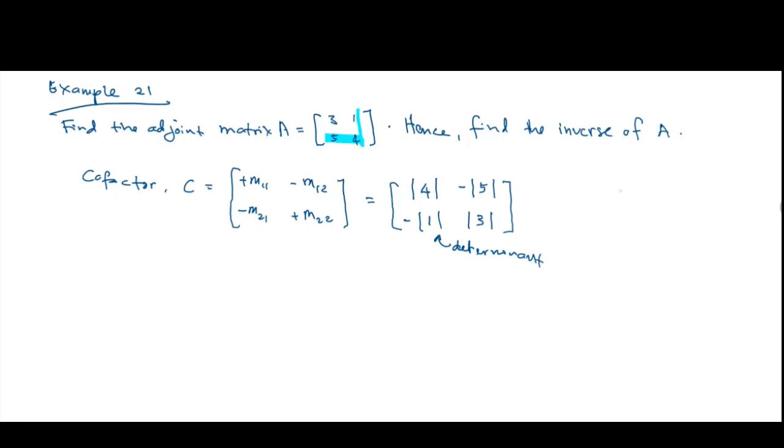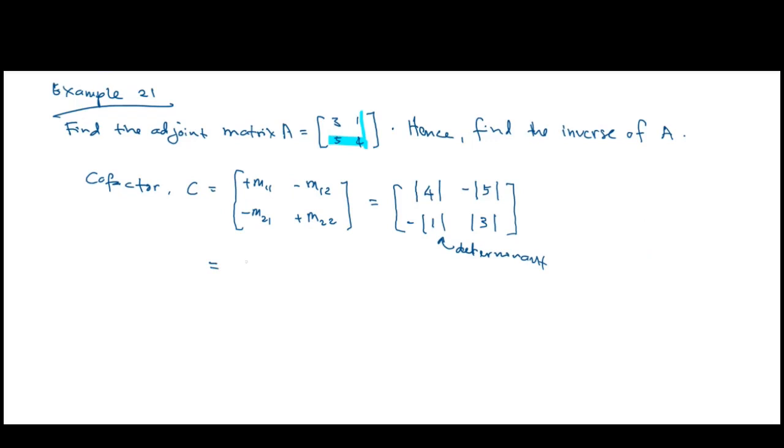Let's say we have the determinant of 1, it is equal to 1. The determinant of negative 2 is also negative 2. This is not modulus, remember that. So the answer will be 4, negative 5, negative 1, 3. This is the cofactor matrix.